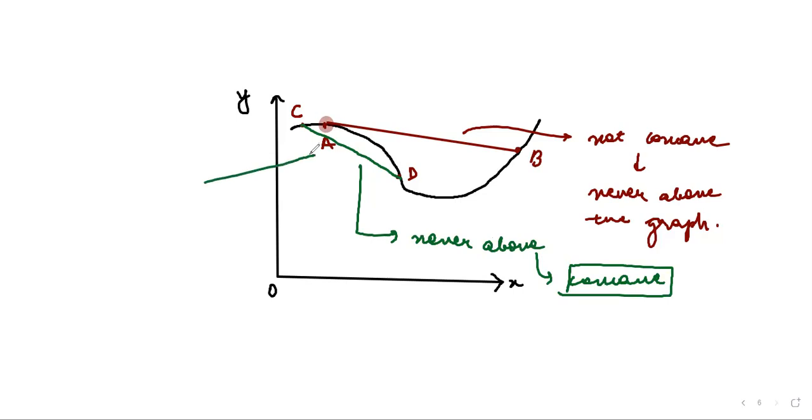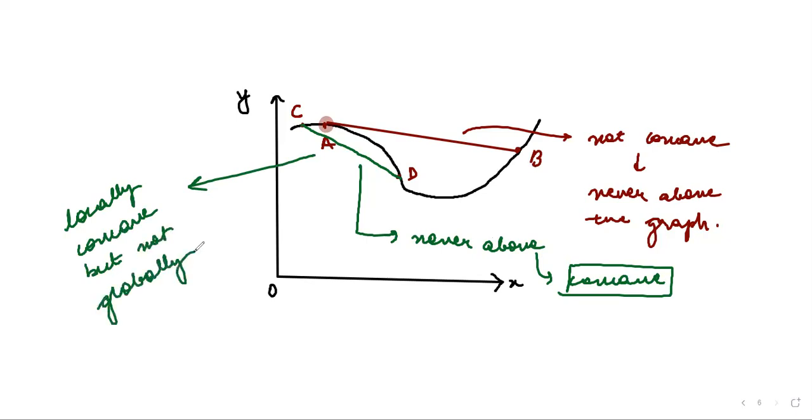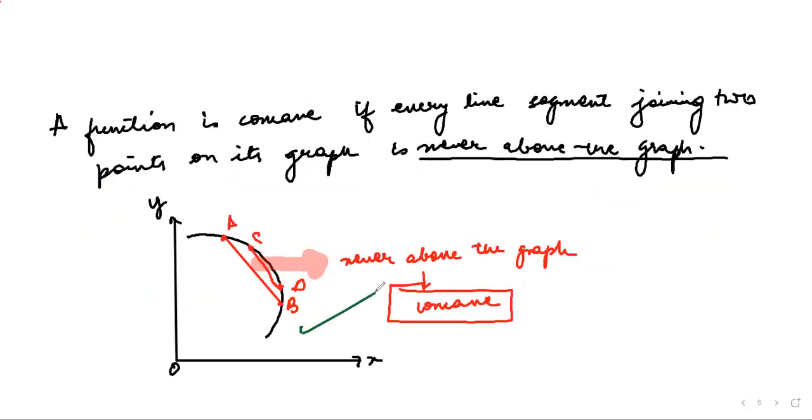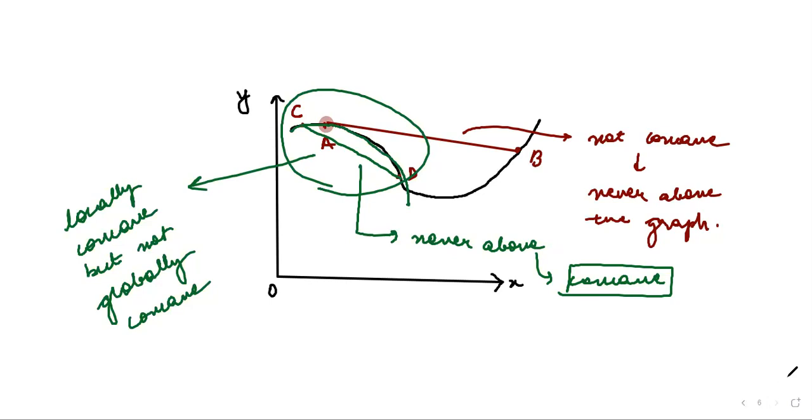Well, such graphs in which sometimes you're able to draw a line which is not above the graph, but not always, are locally concave, but not globally concave. Locally, they're concave. In some region, they're concave, which is this region. Because this region actually represents this part. But globally, they are not concave. Throughout the graph, they are not concave.